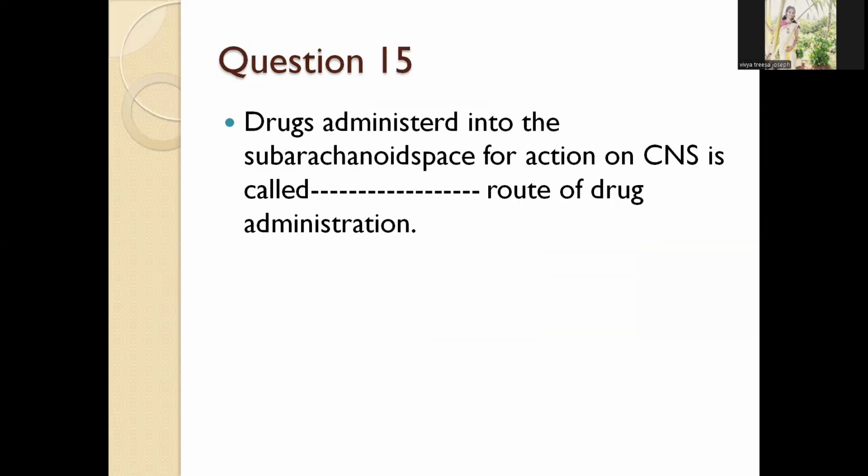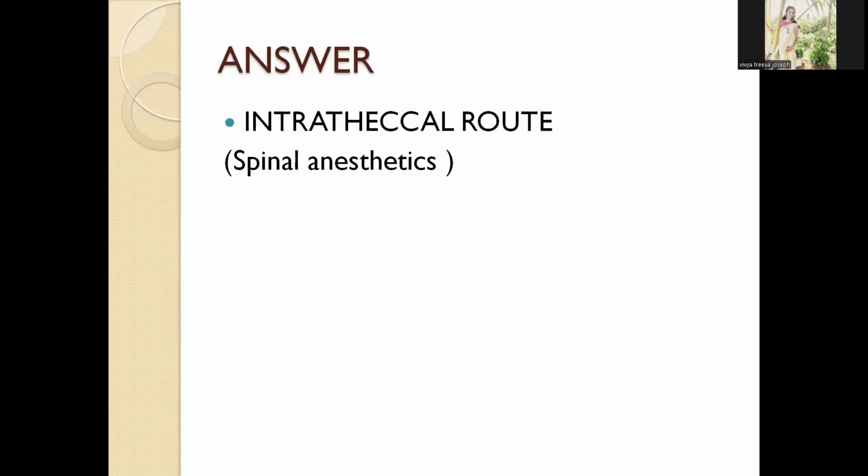Next, a drug administered into the subarachnoid space for action on the central nervous system is called dash route of drug administration. The answer is intrathecal route, that is spinal anesthetic. Usually we give spinal anesthetic in this.